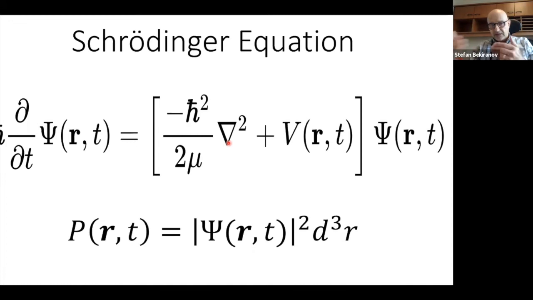And I'll illustrate that very briefly in the next slide. So this psi, when you solve this equation for whatever the potential is, then the probability of detecting the electron at position r at time t is given by taking the square amplitude of this function psi.